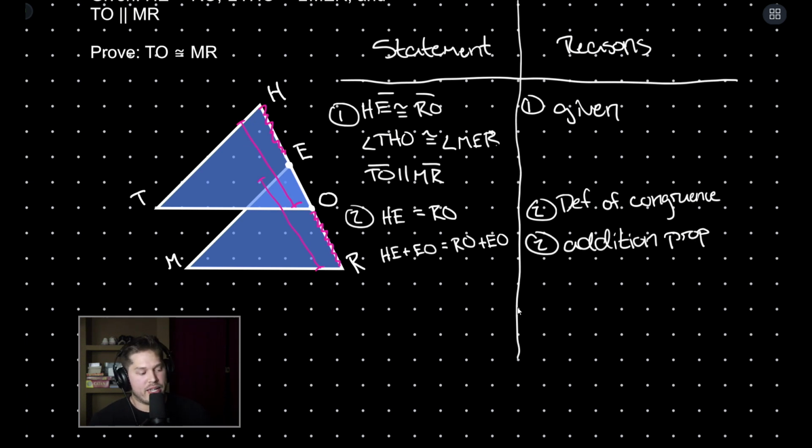Now, what can I say? Where to go from here? Well, we know that this is equal to HO, and this is equal to RE. So HO is equal to RE, and that's true by the segment addition postulate.